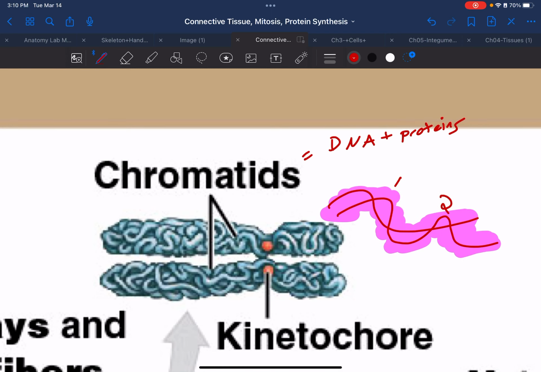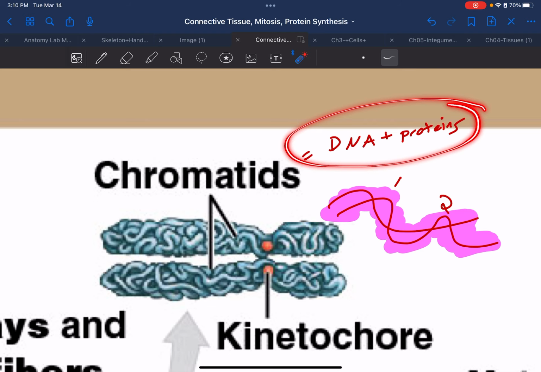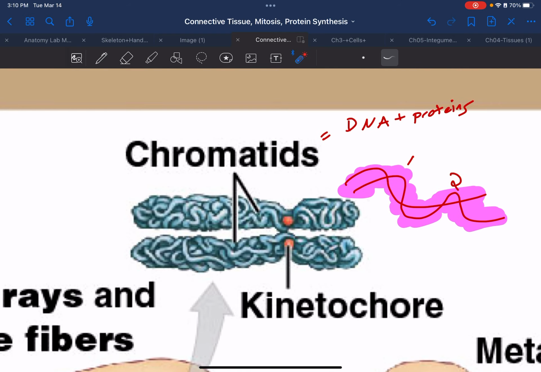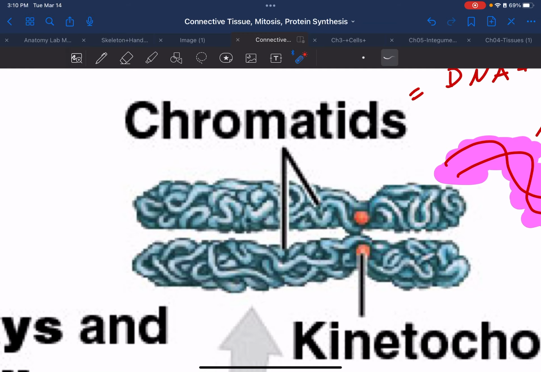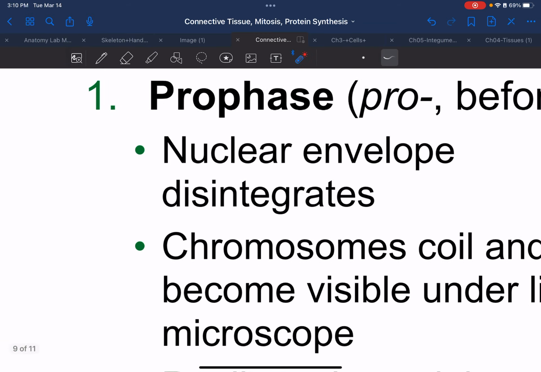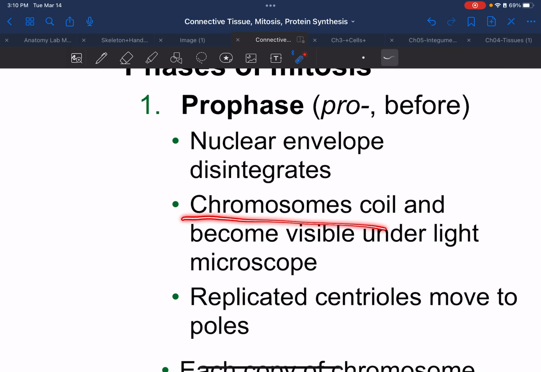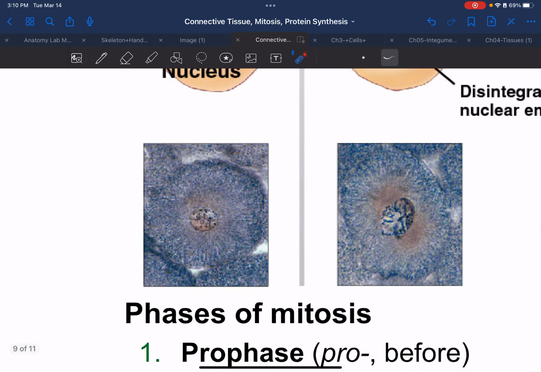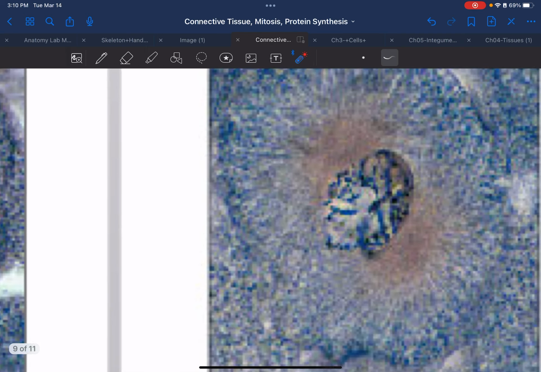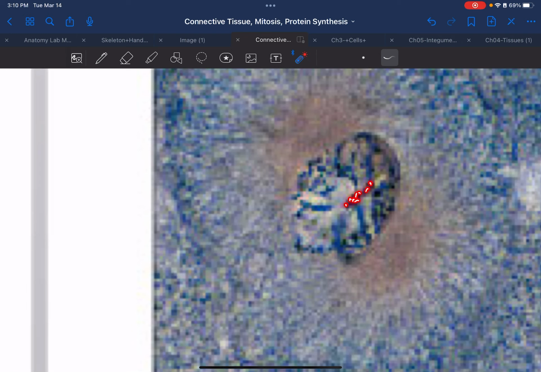DNA and proteins are always together. Your DNA molecule isn't just floating around in the nucleus. It has little proteins designated to keep guard and to open it up whenever it needs to be interpreted or read. And so when we say that the chromosomes coil and become visible, all we mean to say is that the DNA complex, as we can see in this nucleus, starts condensing, and you can see the DNA molecules and their proteins get wider.